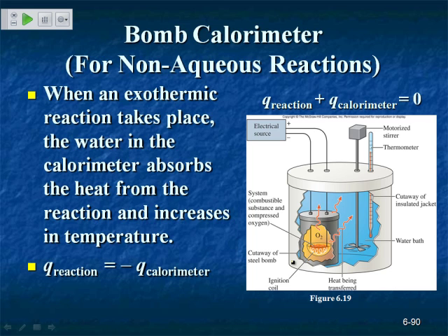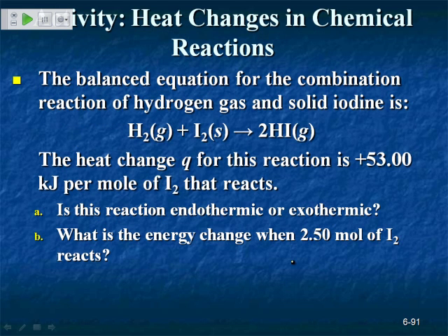As I just mentioned, when an exothermic reaction takes place, the water absorbs heat from the reaction and increases in temperature. So Q of the reaction would be negative Q of the calorimeter, or opposite Q of the calorimeter. Now, how about if we are given an equation and heat change for the reaction like this one?